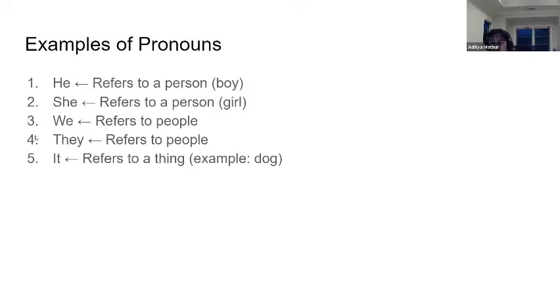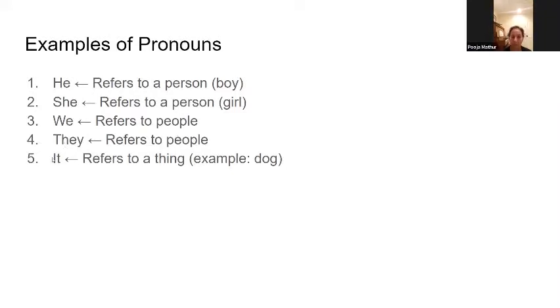So the fourth one is they. And they also refers to more than one person, but this time you are not talking about yourself. For the third one, we means you are talking about yourself, but they means you are talking about other people. So when you say they went to the park, you are talking about a lot of people, but not yourself.